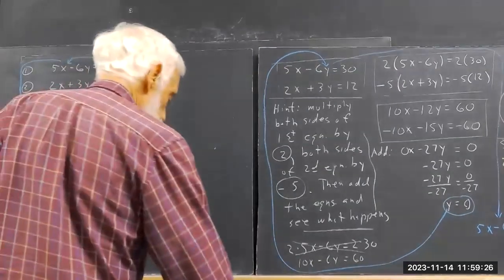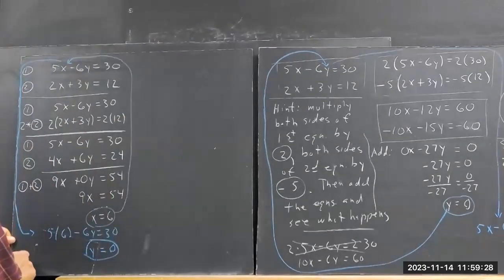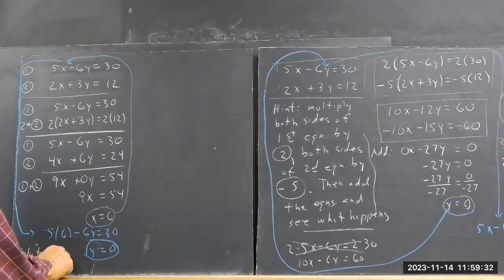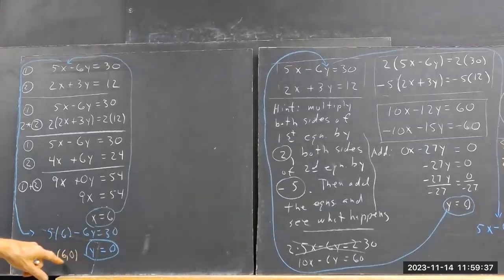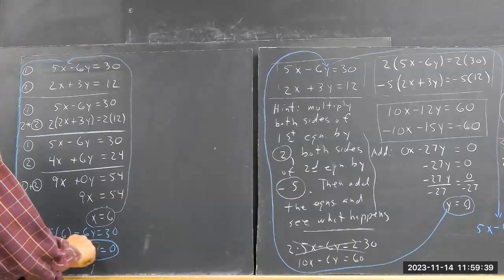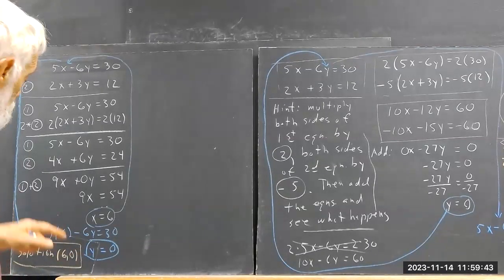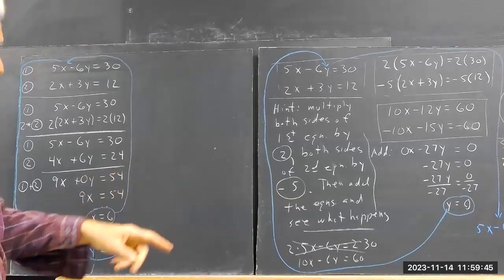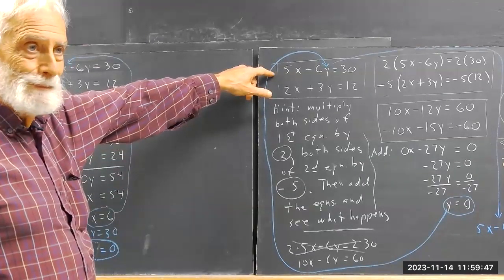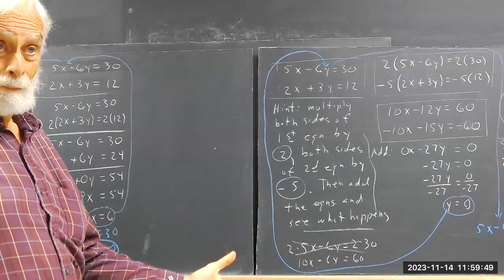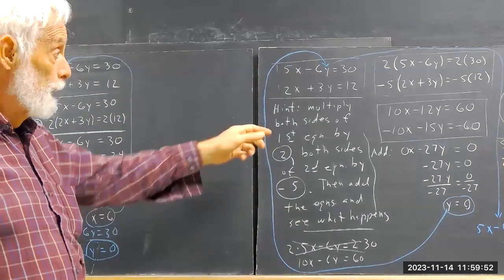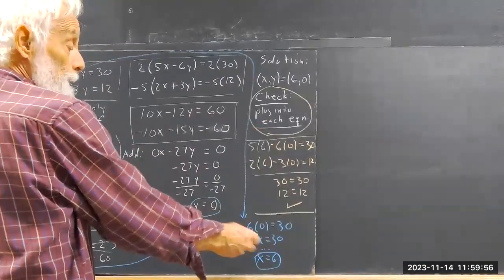So our solution is 6, 0 again. In other words, x is 6, y is 0. We don't need to check that because we already checked that solution previously. The check is going to look exactly like it did over here when we did this.